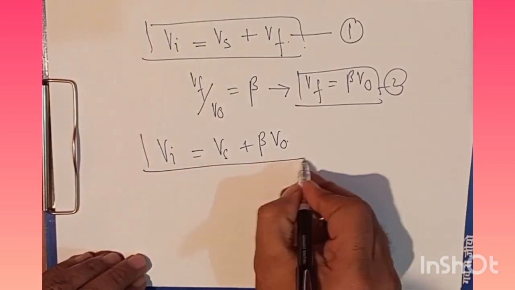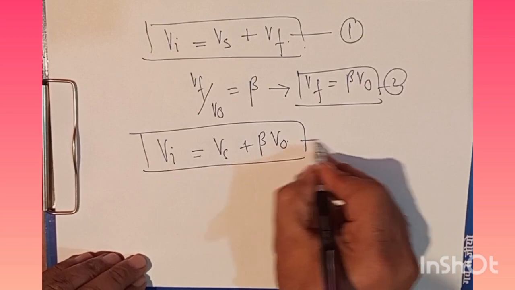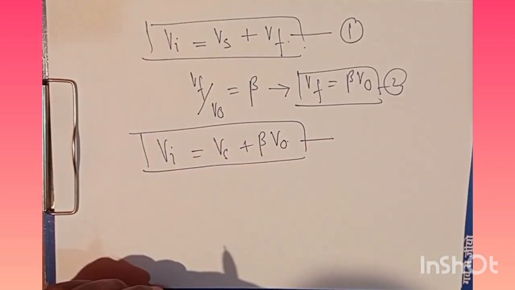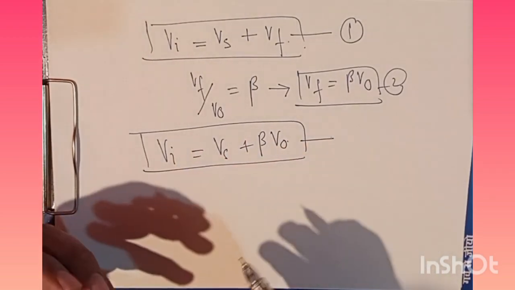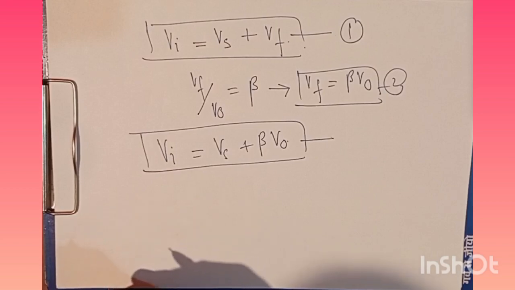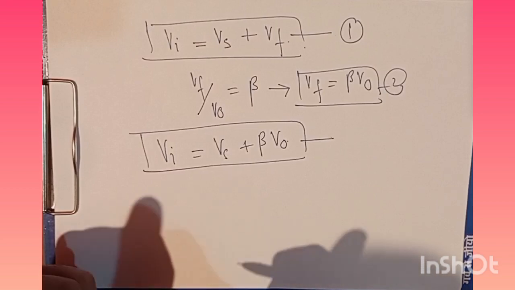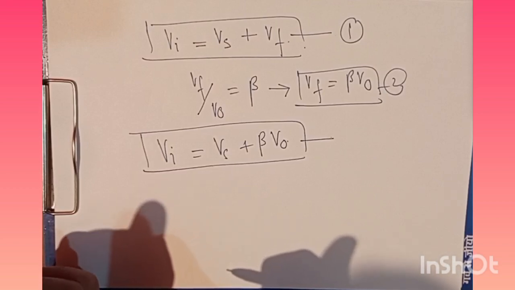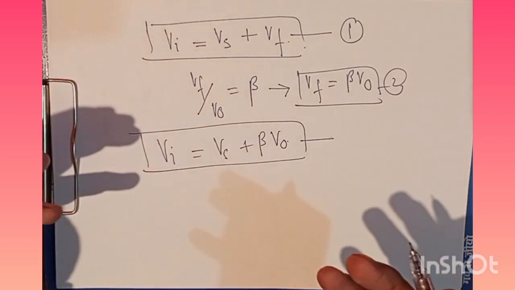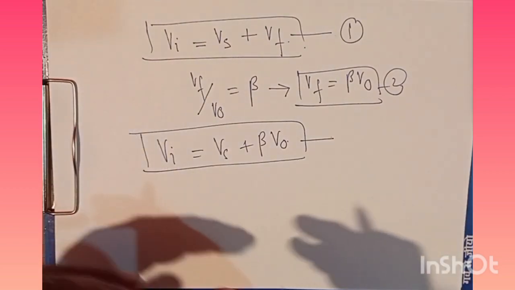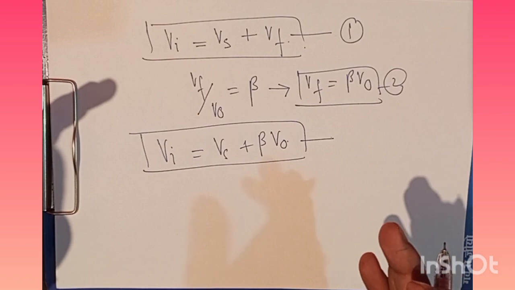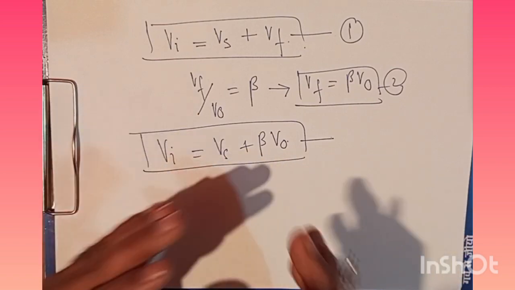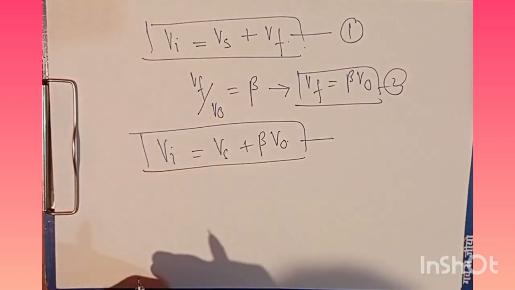Now, to make more simplifications in this equation, because I want to calculate the overall gain when we supply feedback to an amplifier. Amplifier has its own gain, so there is a gain in absence of feedback, and there is a gain in presence of feedback.